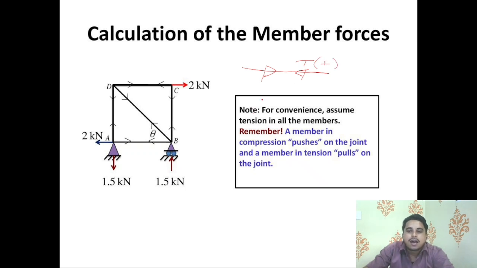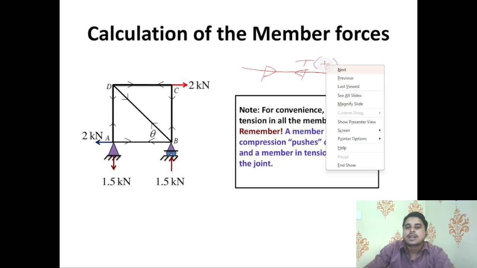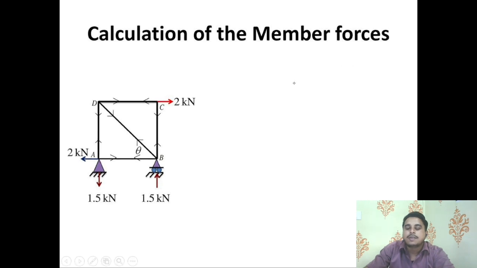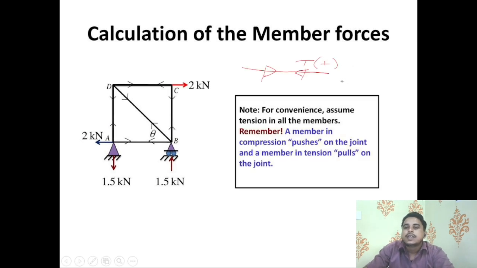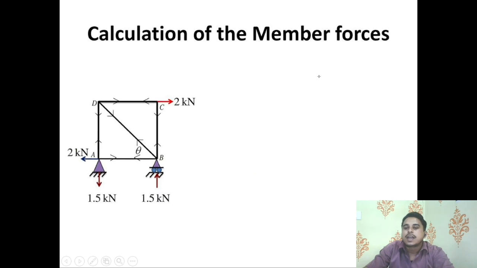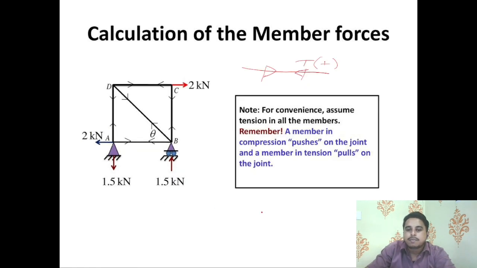If after the calculation the value comes out negative, then we can conclude that the member is in compression, and then our assumption was not right.